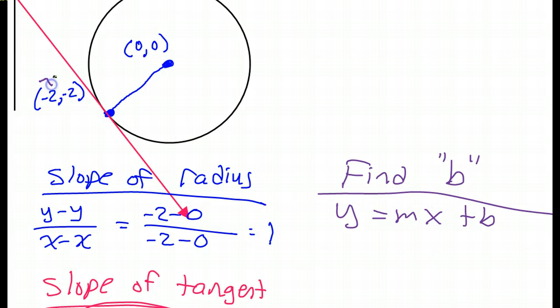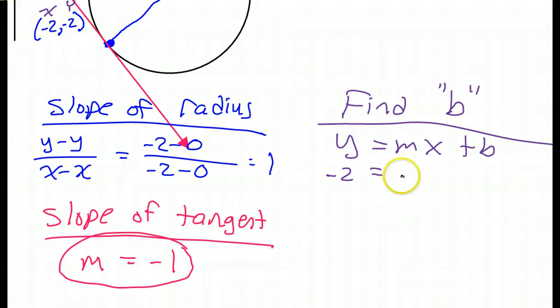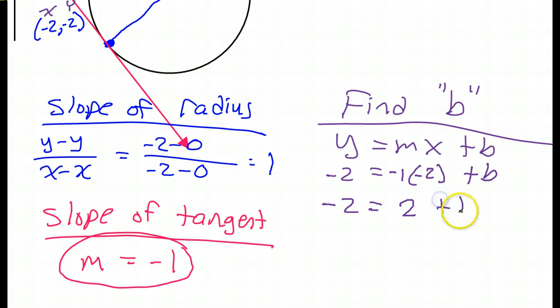We will get our x and y from this point of tangency, and they're both negative 2, so that's negative 2. The m is the slope we just found, so that's negative 1. And the x is also negative 2, plus b. So that's going to give us negative 2 is equal to positive 2 plus b. When I subtract 2 from both sides, that'll give me negative 4 equals b.